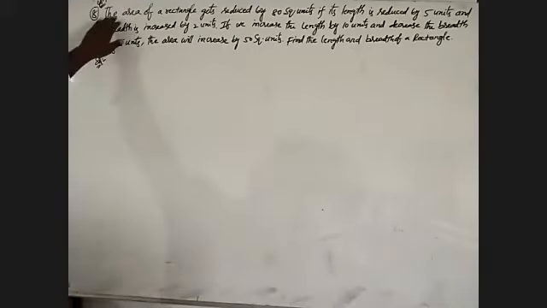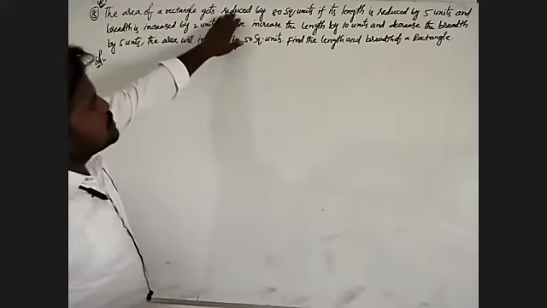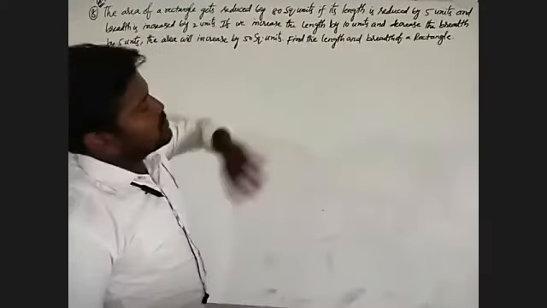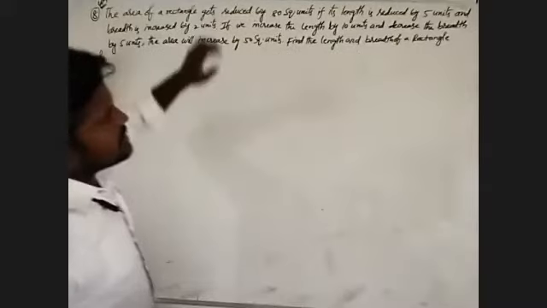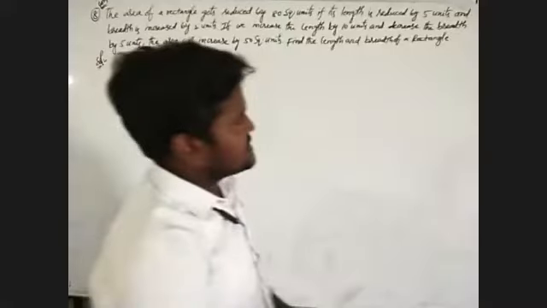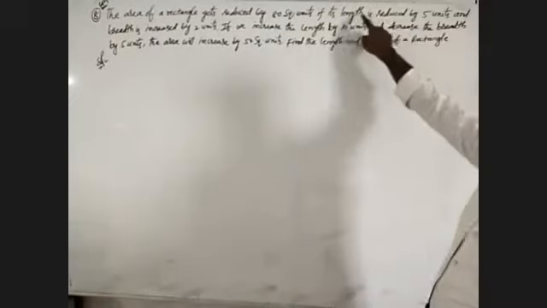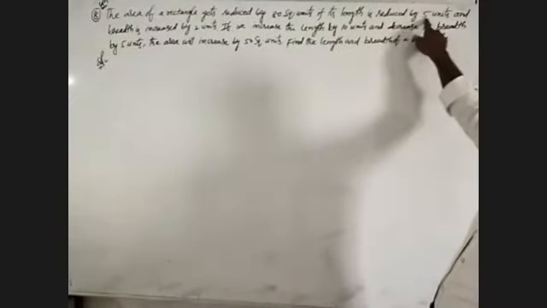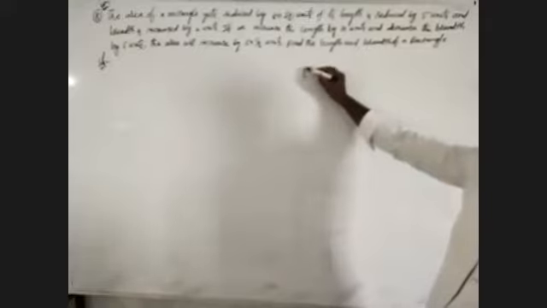The area of a rectangle gets reduced by 80 square units if the given conditions are satisfied: length is reduced by 5 and breadth is increased by 2 units. What does that mean? Here first we take the length of a rectangle as x.